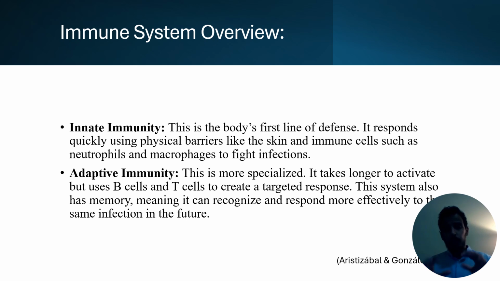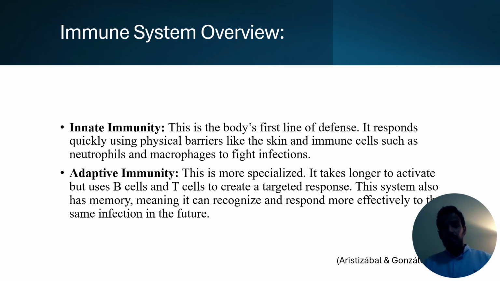Before diving into this disorder, it is very important to understand the two main types of immune responses. The first type is called innate immunity. This is the body's first line of defense. It responds very quickly, using physical barriers such as skin and immune cells such as neutrophils and macrophages to fight infections.